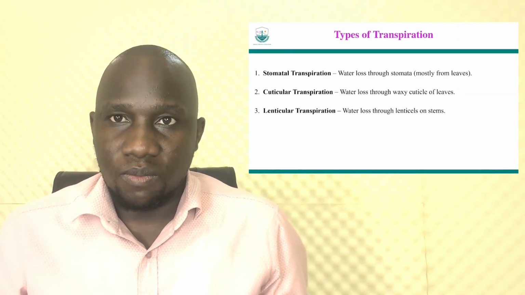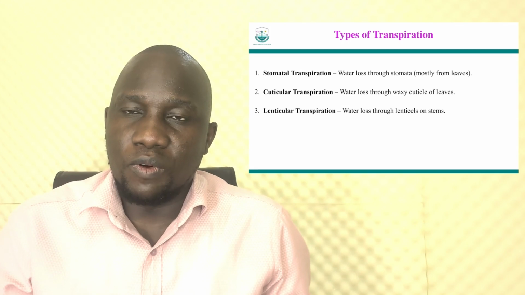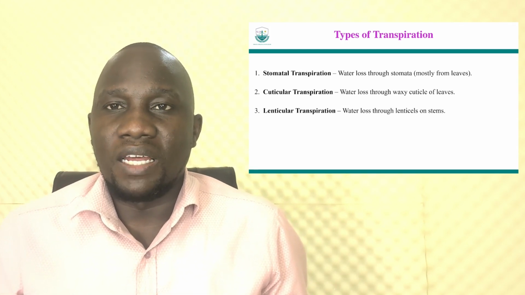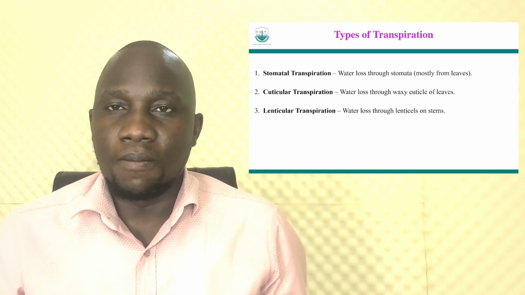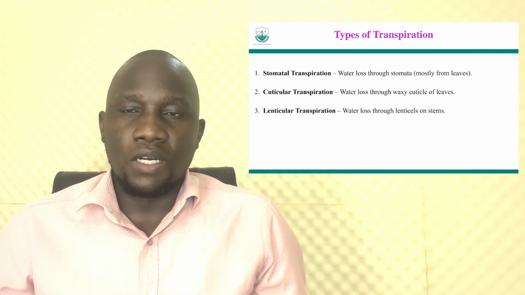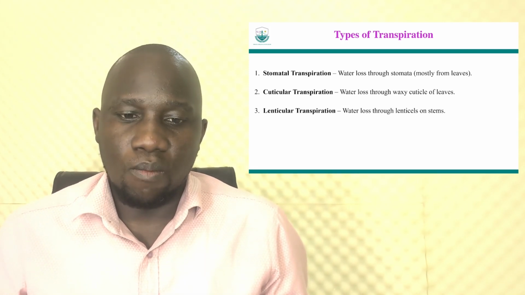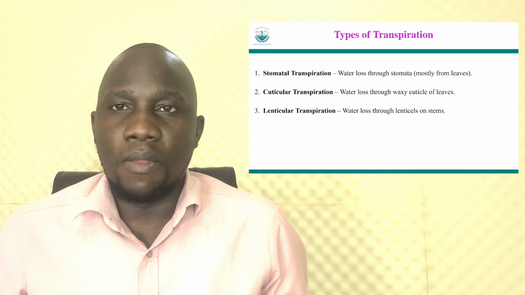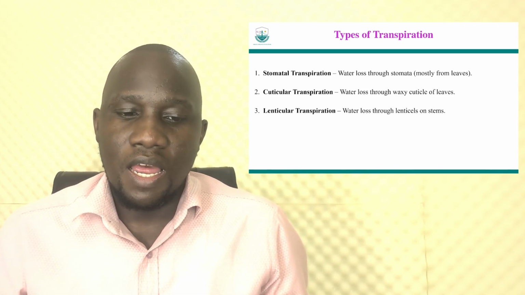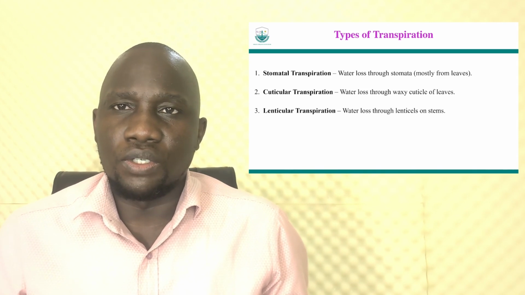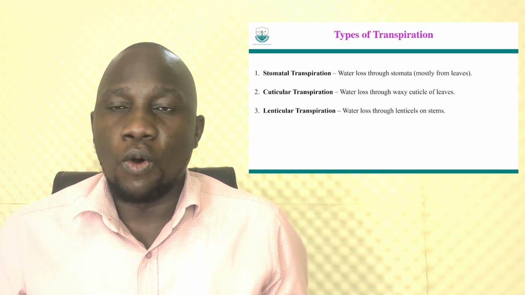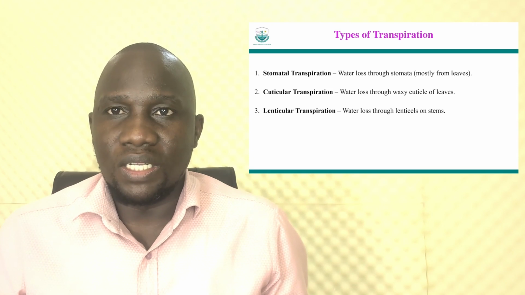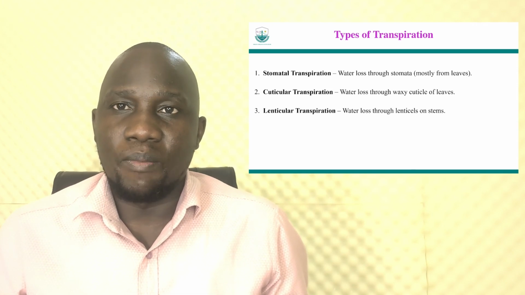So we are talking about transpiration, which is the process through which the plant loses water into the atmosphere. We have three types: stomatal transpiration, cuticular transpiration, and then lenticular transpiration. All these are based on where the transpiration is happening.